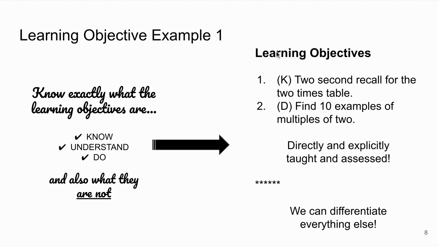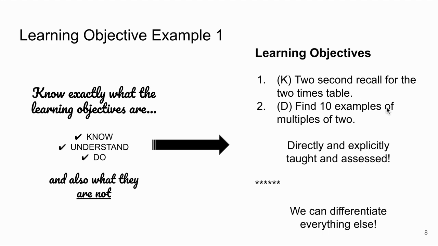The whole idea is that you're going to use these intended learning objectives to really structure what the lesson involves, because you're going to directly and explicitly teach your students how to do these specific new skills, or you're going to teach them some new knowledge, and then you're going to directly assess whether you were successful.